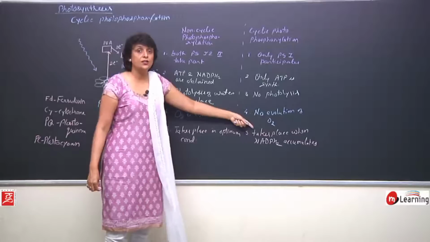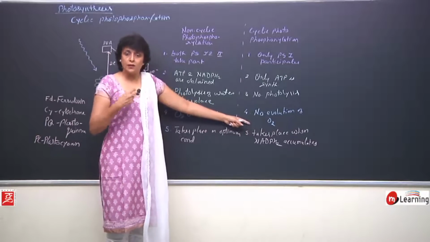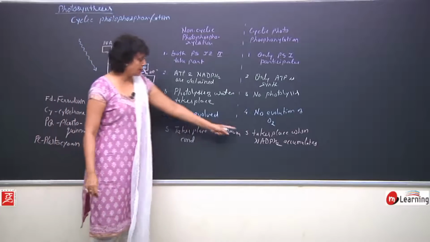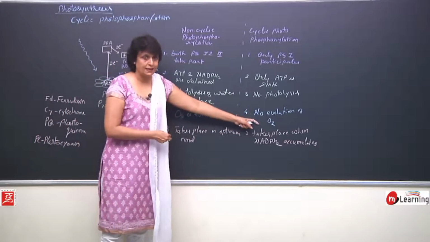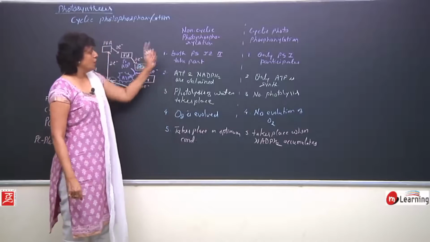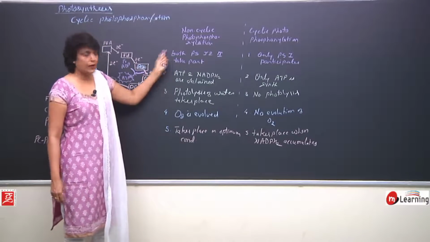But if conditions change, that means some product keeps on accumulating, then it shifts to cyclic photophosphorylation. So, it is a condition dependent cycle, whereas this would take place in all normal conditions. So, basic difference between cyclic and non-cyclic photophosphorylation.